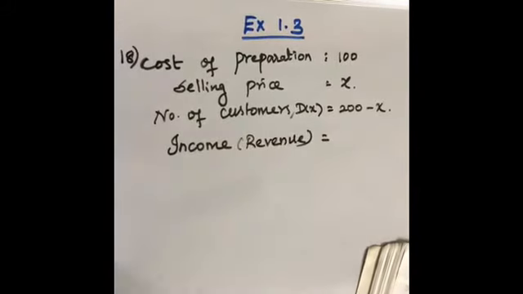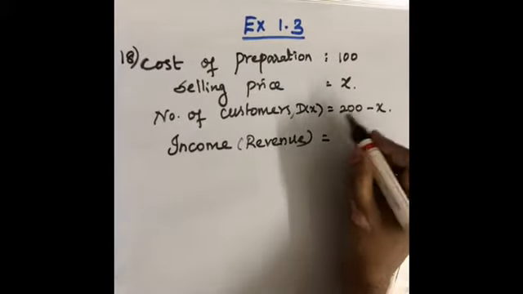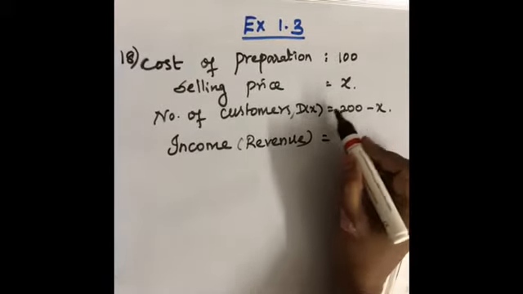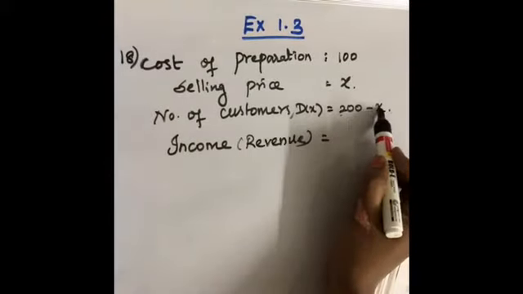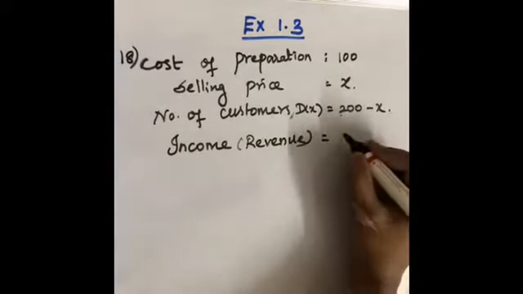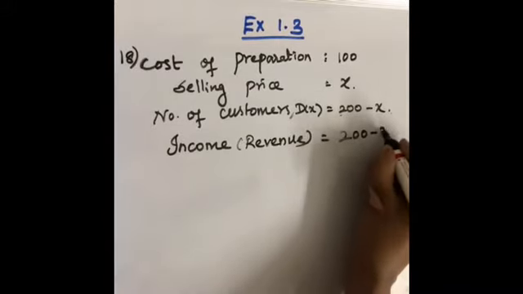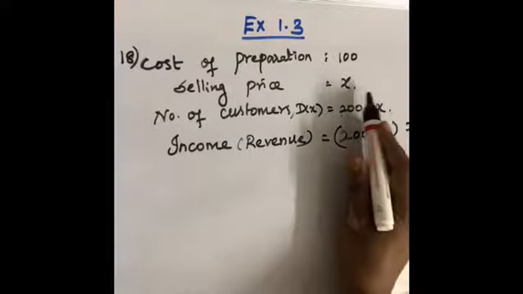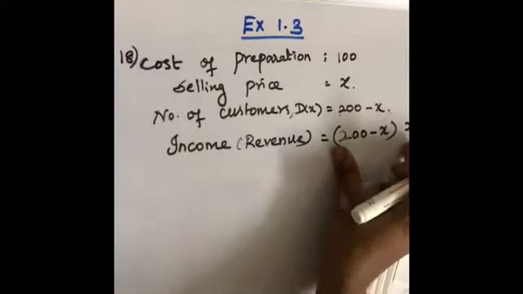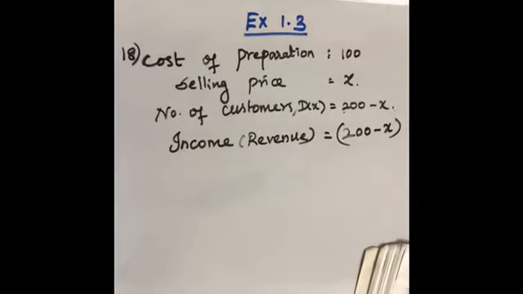Income means number of customers into selling price. Okay, number of customers into selling price is the income. So, 200 minus x into x. இவ்வளோ பேர் வாங்கியிருக்காங்க, ஒரு price x. So, அவரோட income வந்து 200 minus x into x.